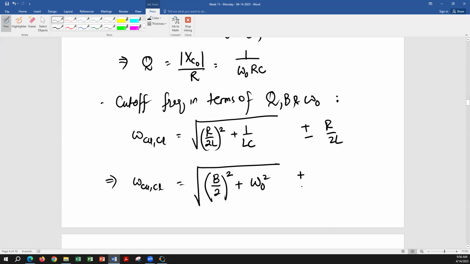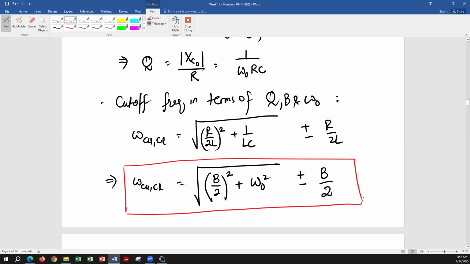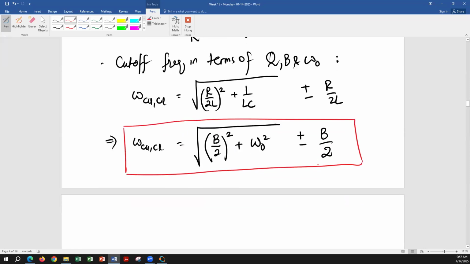And likewise, R over L is B, so we can write this as plus or minus B over 2. So that's another equation to calculate the upper and lower cutoff frequency in terms of B and omega naught, the bandwidth and the center frequency.